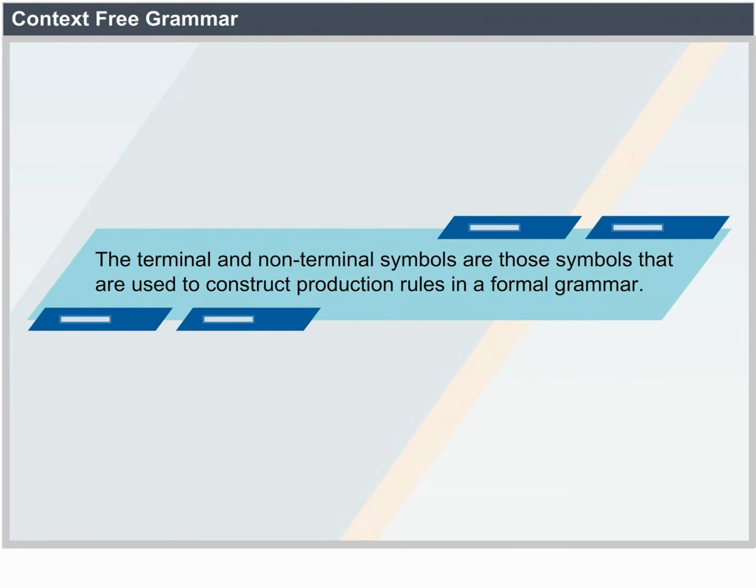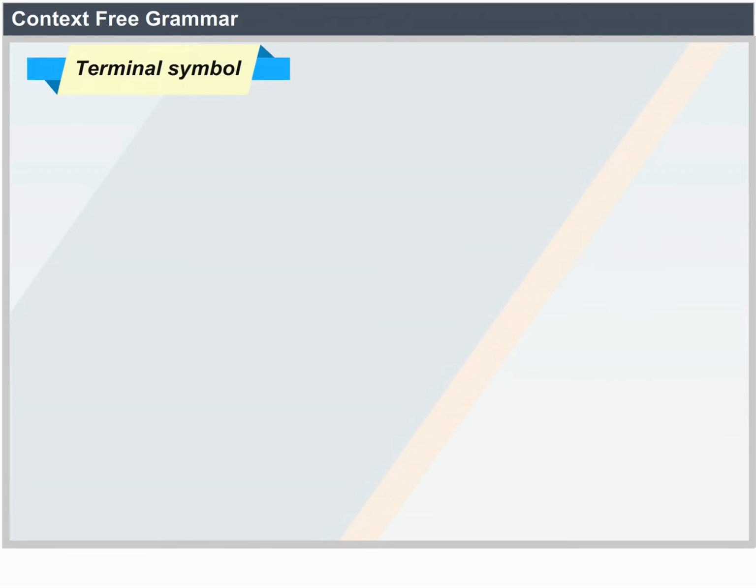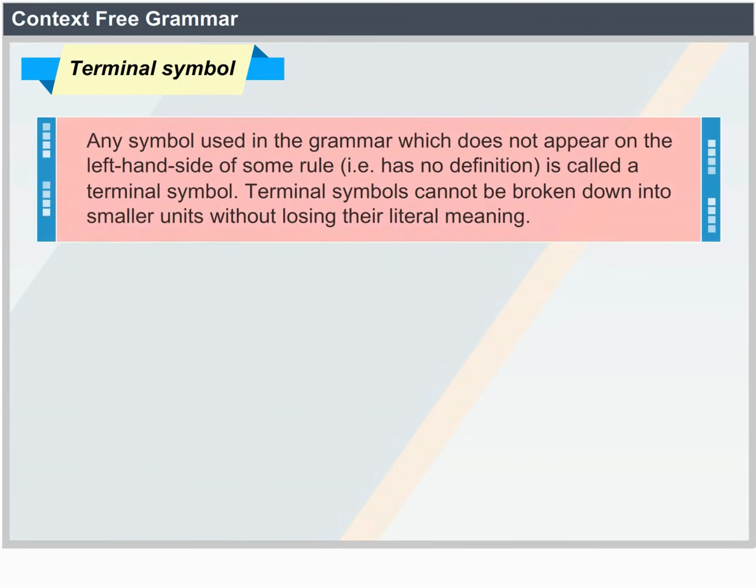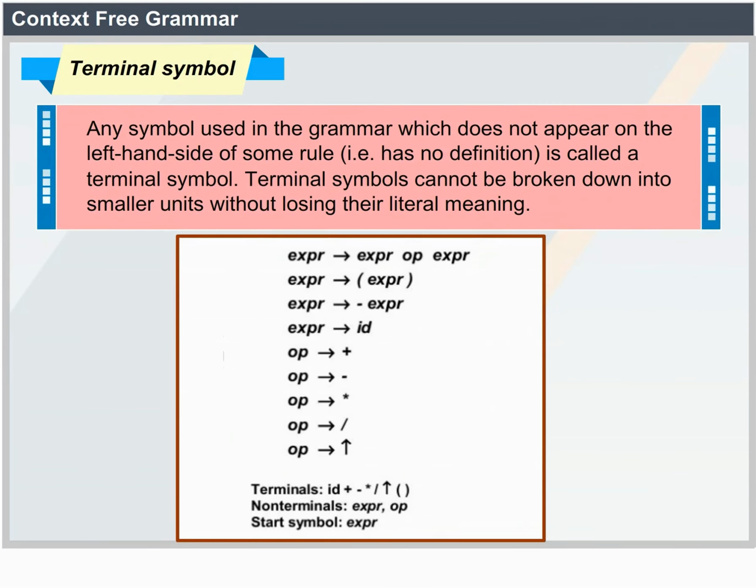The terminal and non-terminal symbols are those symbols that are used to construct production rules in a formal grammar. Terminal symbol. Any symbol used in the grammar that does not appear on the left-hand side of some rule, that is, has no definition, is called a terminal symbol. Terminal symbols cannot be broken down into smaller units without losing their literal meaning.